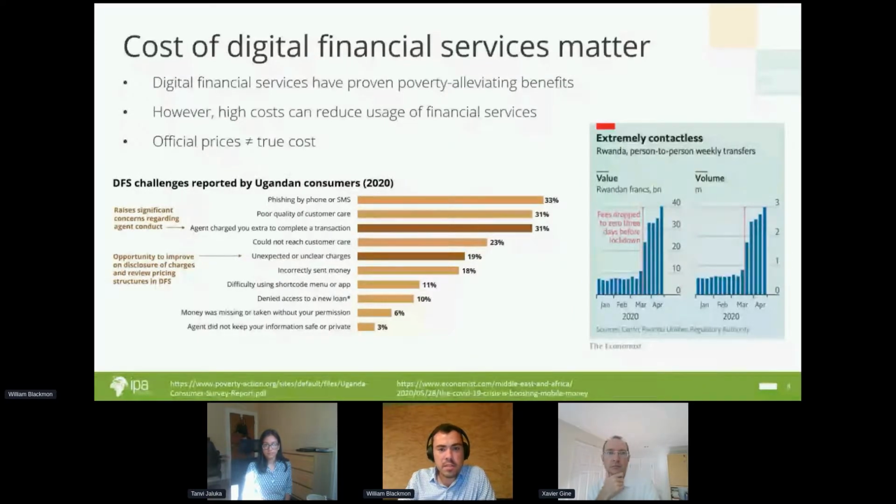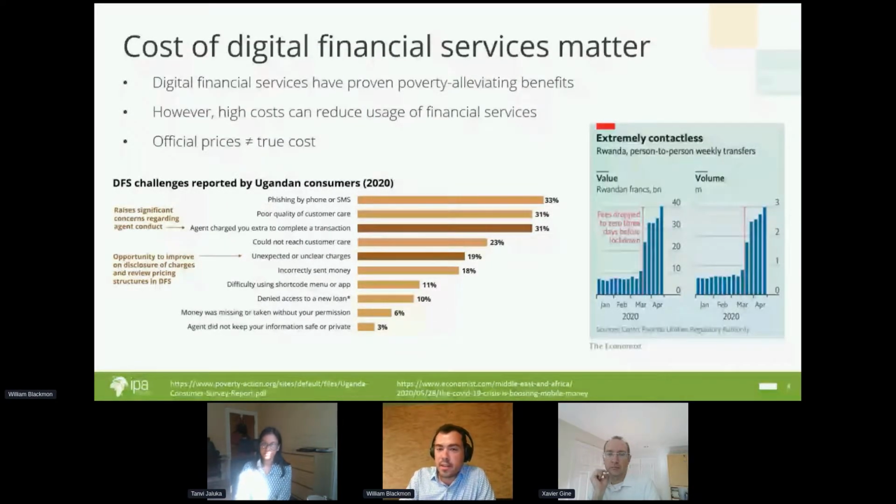The graph that you see on the right is from Rwanda, and some of you may know Rwanda made mobile money fees zero cost, zero rated these fees, right as the COVID-19 lockdowns came into effect. And so what we see here is a dramatic increase in the value and the volume of mobile money transactions right as this zero fee policy was implemented.